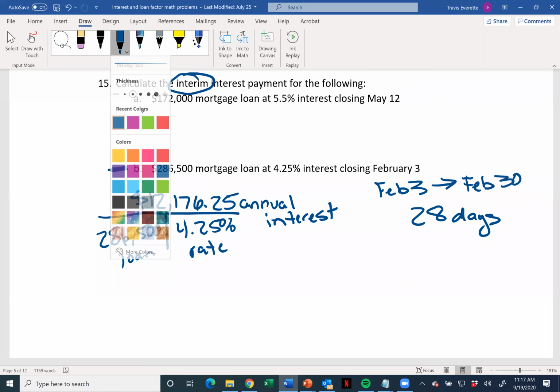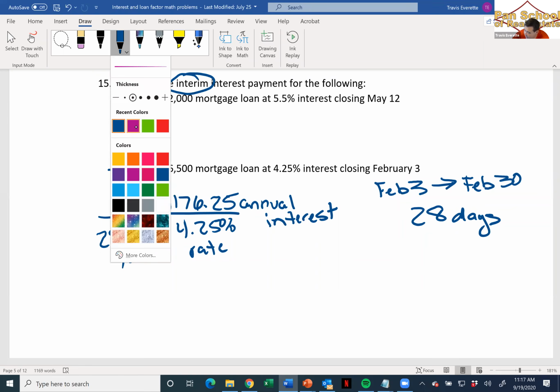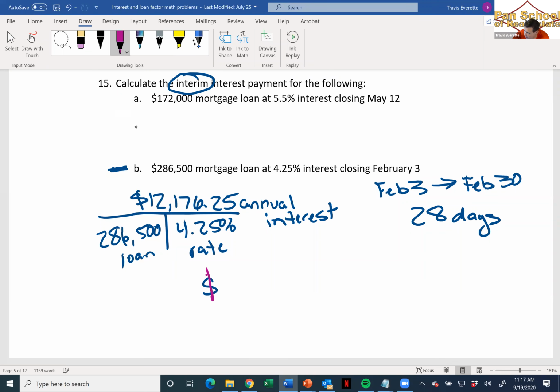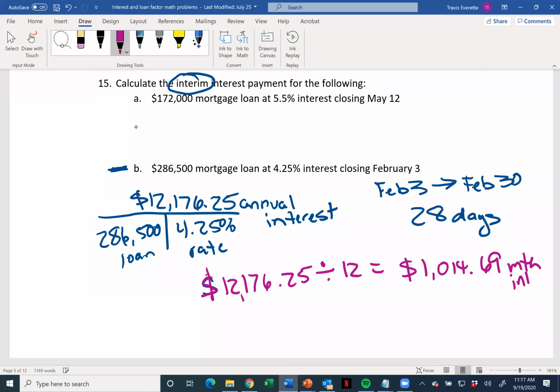So here's my annual 12,176.25 divided by 12. That gives me monthly interest of $1,014.69.